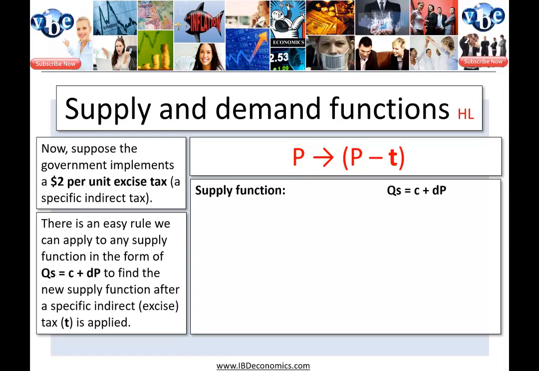We knew the price was $6. We know that the tax is $2, price minus T, P minus T, $6 minus $2. Our supply function with tax.